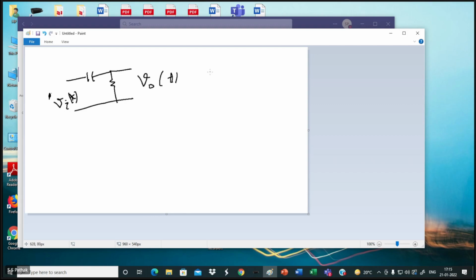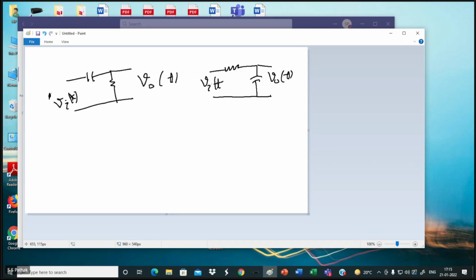Then another circuit was described where this was the resistance, here was the capacitance, and this was my voltage V naught t, and here is my VI t.